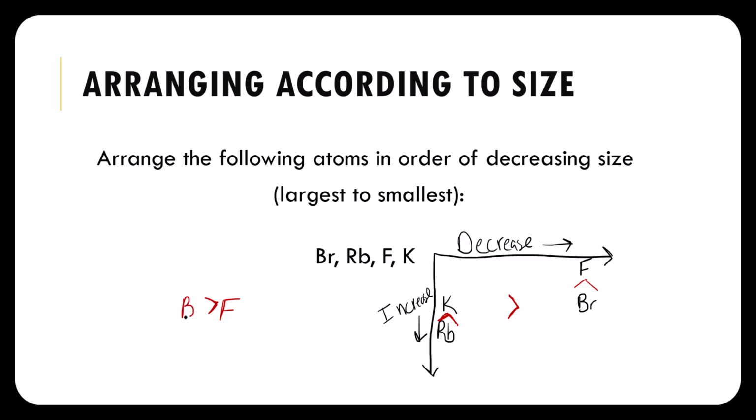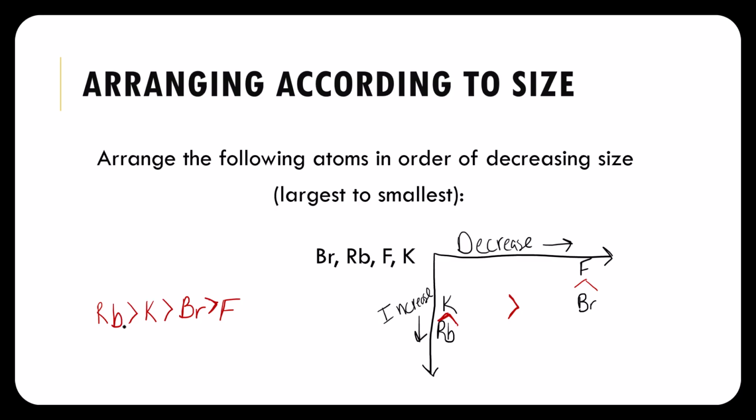And then we have bromine. Next, I could do bromine and potassium. So bromine is smaller than potassium. Potassium's a little bit bigger. And then I know rubidium's bigger than potassium. So this would be the correct answer for arranging these according to atomic size.